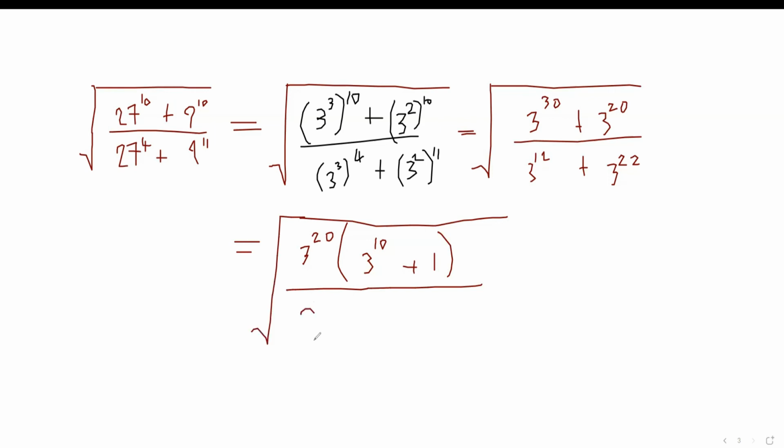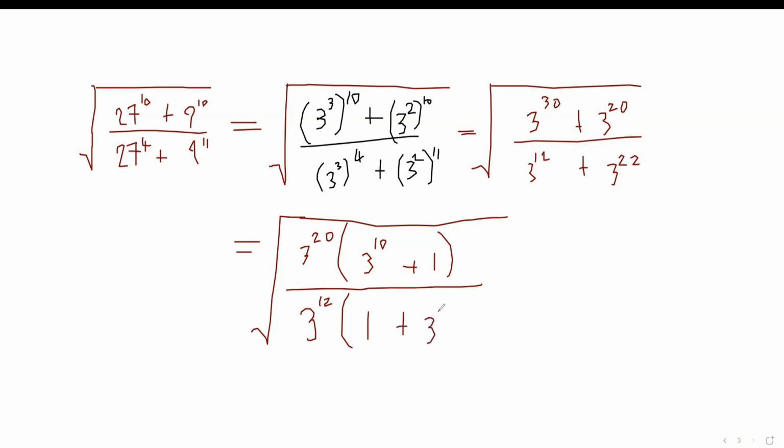Factor out 3 to the 12, the lowest power of the two. Then we're left with 1 plus 3 to the 10, right?